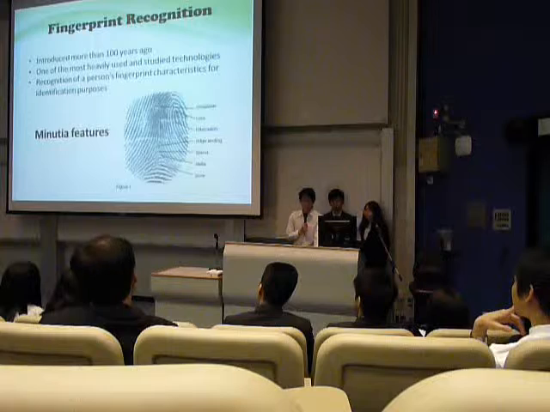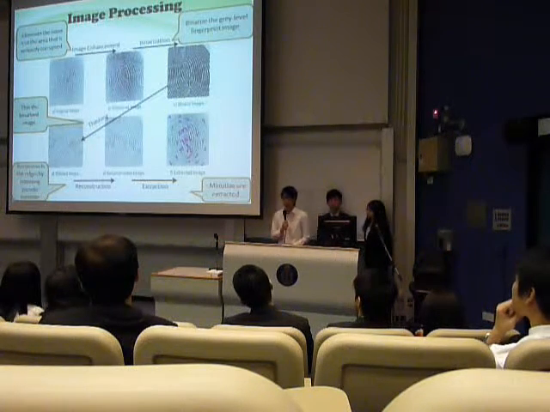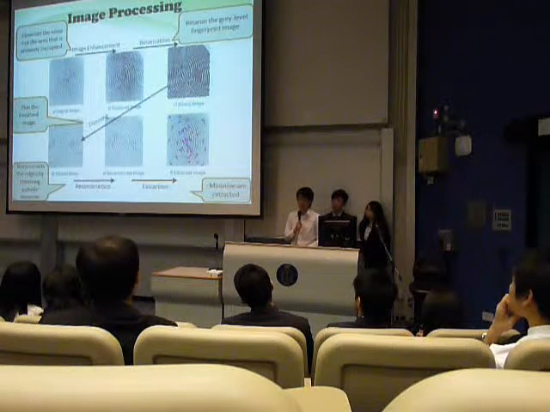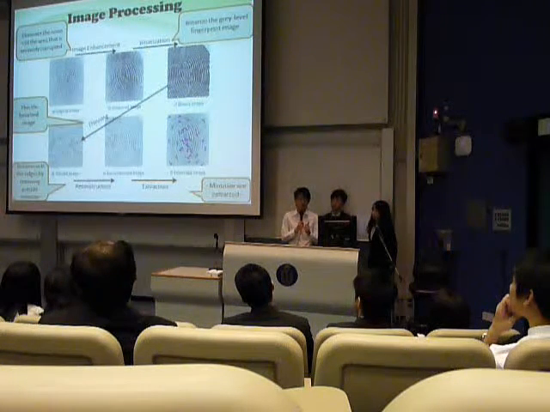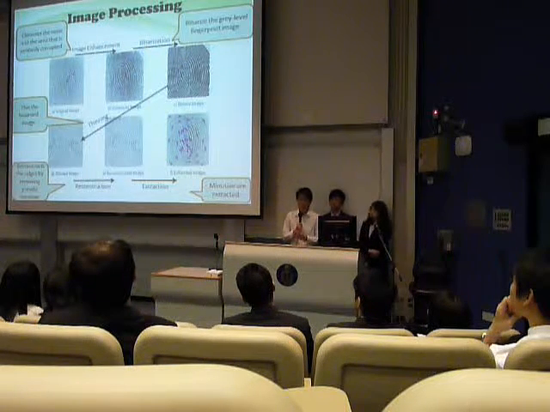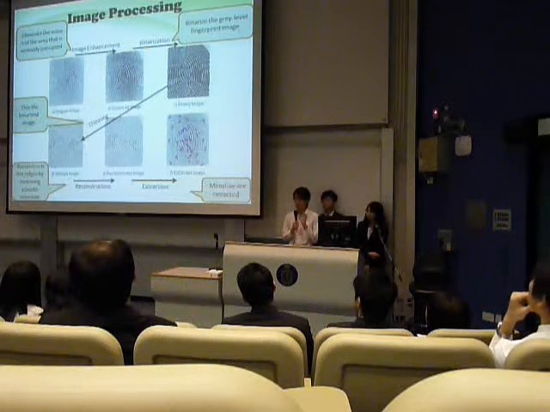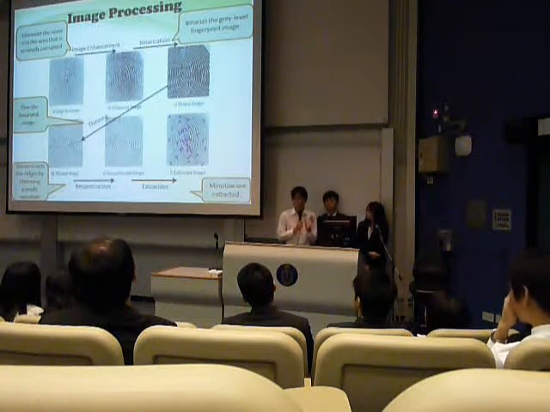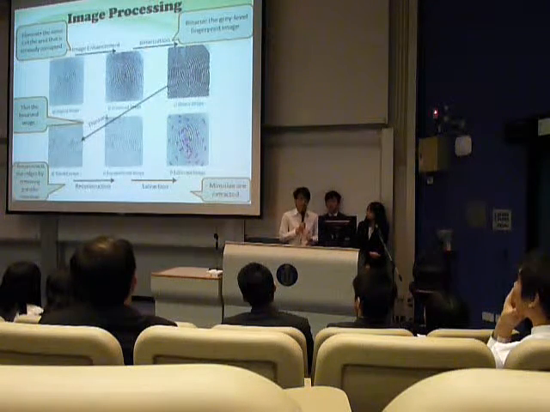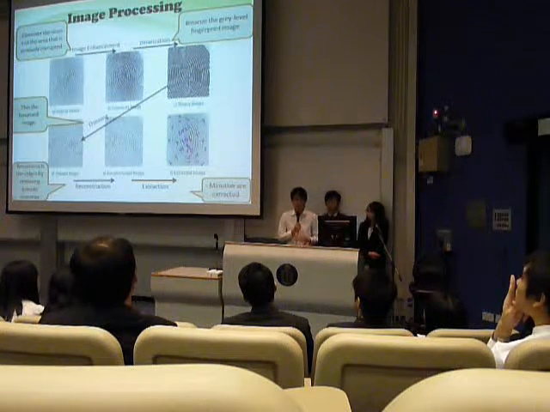For fingerprint recognition, the whole algorithm can be mainly divided into two parts. The first part is image processing. After you collect the data through the sensor, you need to enhance the image by eliminating the noise or cutting the areas that you think are heavily corrupted, to ensure the quality of the input is good. Afterwards, we binarize the data and turn it into a binary image.